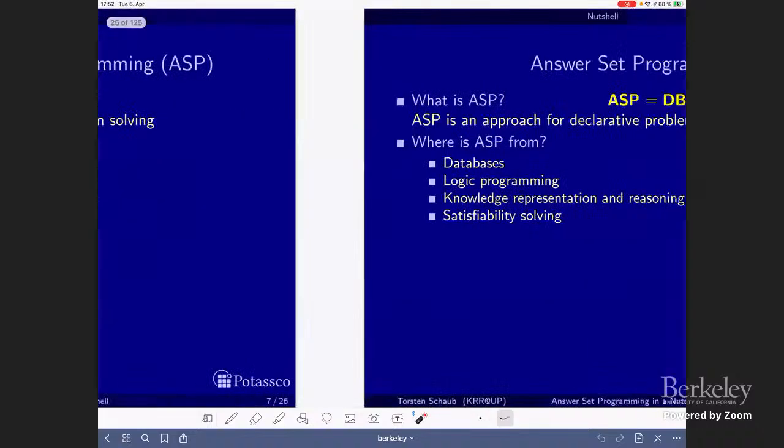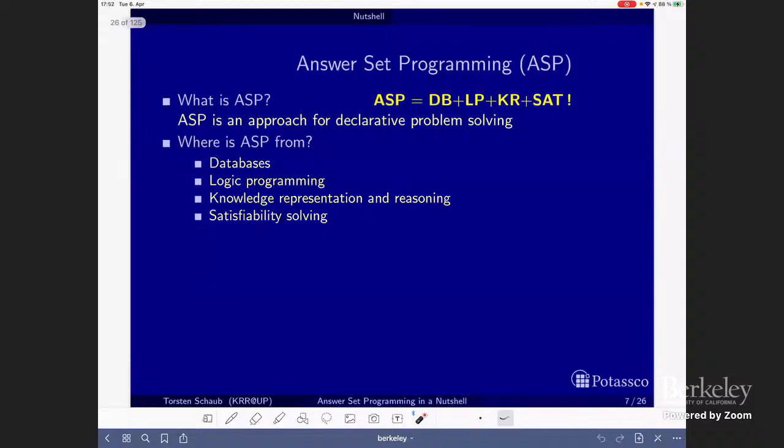Okay, so this is the first take-home message, that you can view ASP as a combination of database technology, notably deductive database technology, which is not only about the closed world assumption, but also the techniques that are used to instantiate a first order specification with all objects of the Herbrand universe.